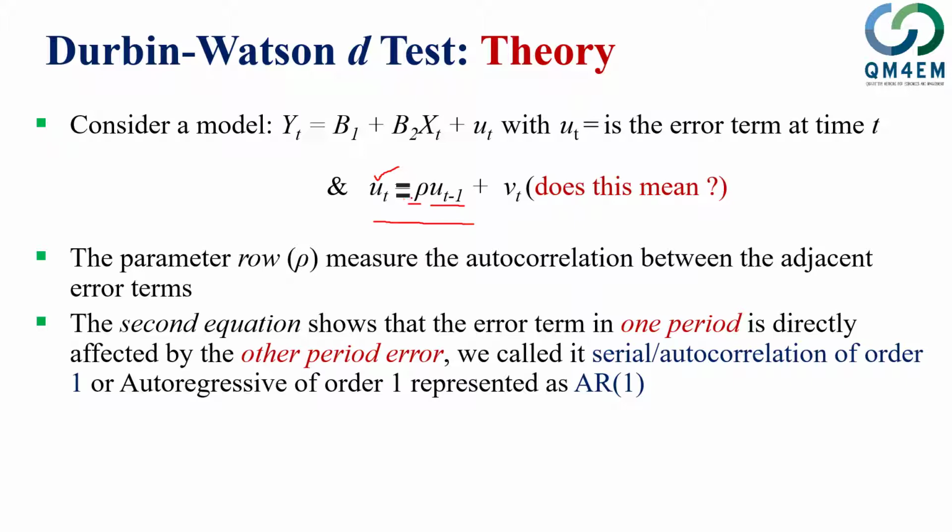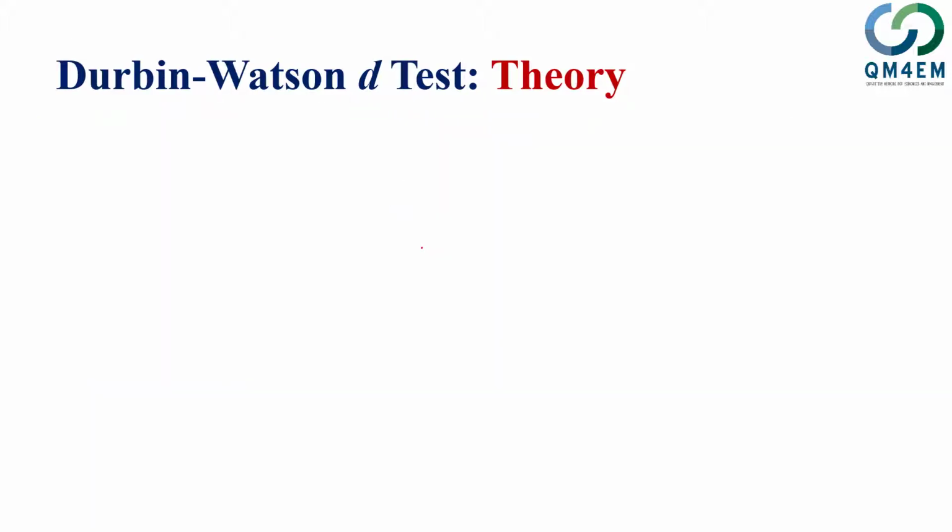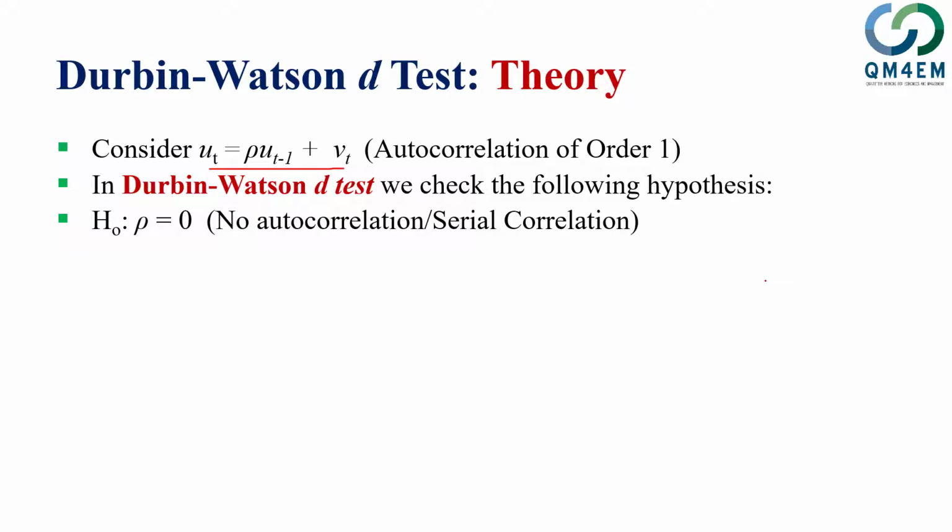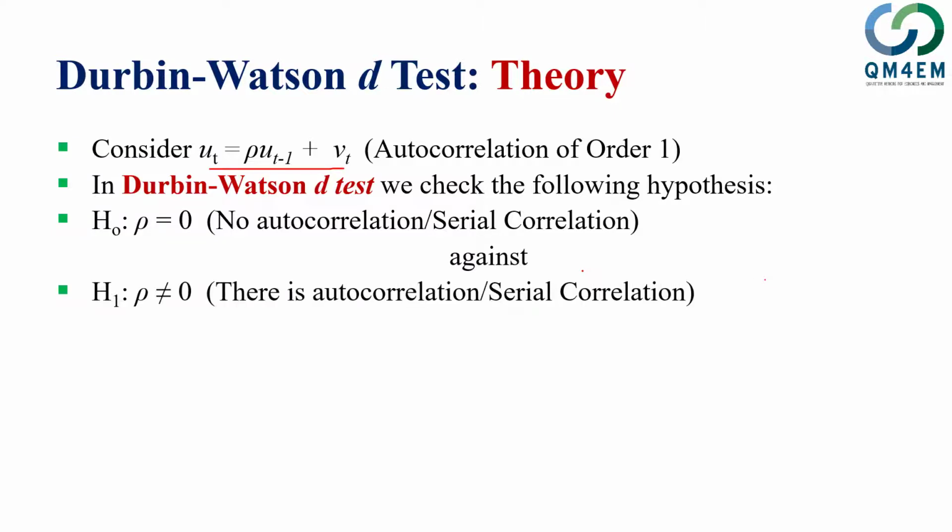Now the Durbin-Watson statistic test, while considering that there is first order autocorrelation, or an AR1 process, tests the following hypothesis. Its null hypothesis is that there is no autocorrelation or no serial correlation, versus an alternative hypothesis that there is a problem of autocorrelation, or there is an existence of autocorrelation.